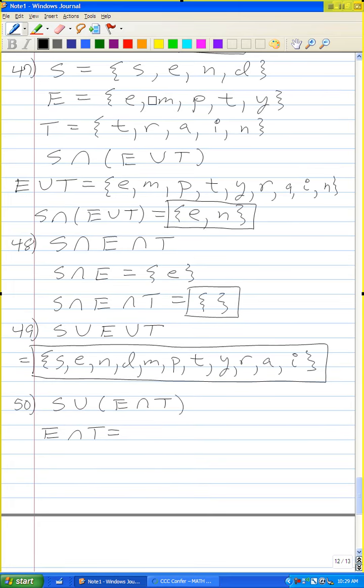So what's the overlap between E and T? Well, there's no E, there's no M, there's no P, there's a T, there's no Y. So it's T. The union between S and E intersect T, well, it's S, E, N, D, and T.